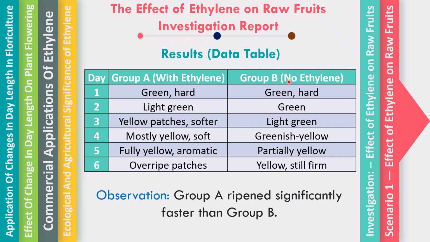Group B without ethylene were partially yellow. On the sixth day, the group with ethylene had started to develop overripe patches, and Group B with no ethylene were yellow and still firm.